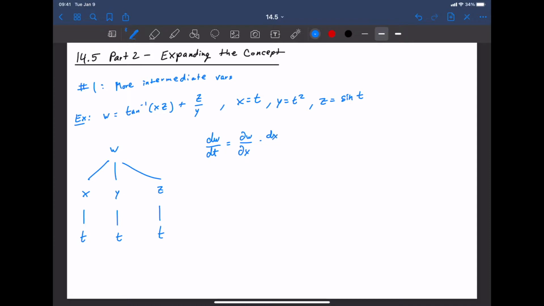Times how much the change in T affected the X. Plus, straight down, how much did changing Y affect W, times how much the change in Y was affected by the change in time, plus the last branch. So each time we're seeing where can we go to get all the way to T. So that last branch would be the contribution based on Z to W, and then the contribution of Z based on T.